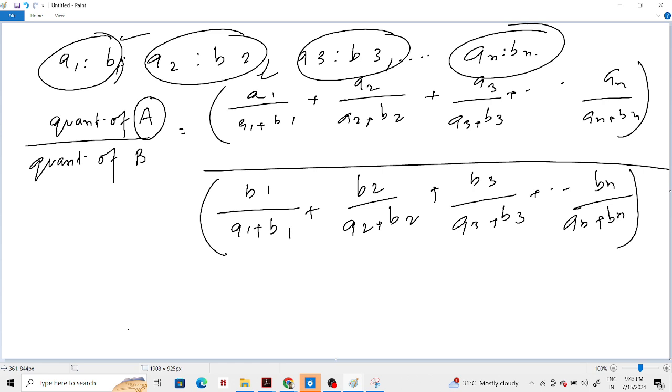Okay. If the contents of all the vessels are poured into a single large vessel, then now the same formula, only what will happen, here will come C1, C2, C3 till Cn.